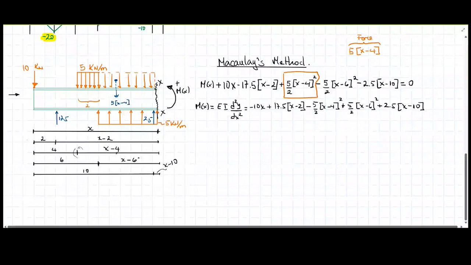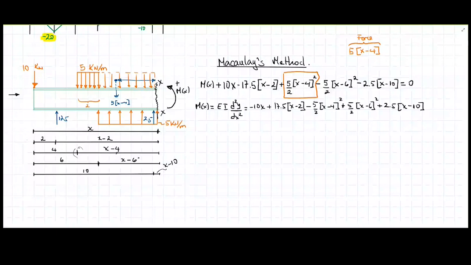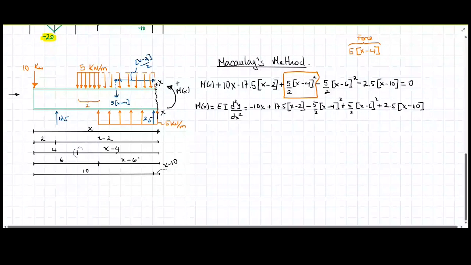Correct? Now, what's the distance between this central point to this one here? This distance is going to be x minus 4 divided by 2. Then if I multiply this times this, I'm going to end up with this thing here. Is that clear?